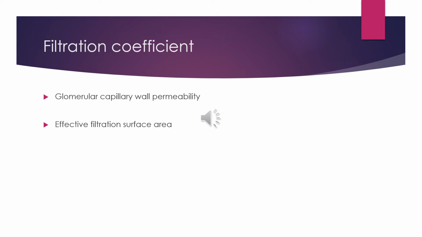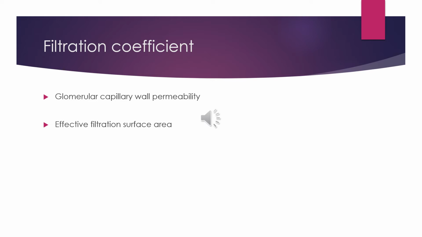We have discussed the factors which decide the capillary wall permeability and surface area in earlier sessions, like molecular size, shape, electrostatic charge, etc. See, positively charged particles can easily pass through the filtering membrane, whereas negatively charged particles like proteins cannot be easily filtered. Okay, so these factors decide the capillary wall permeability.